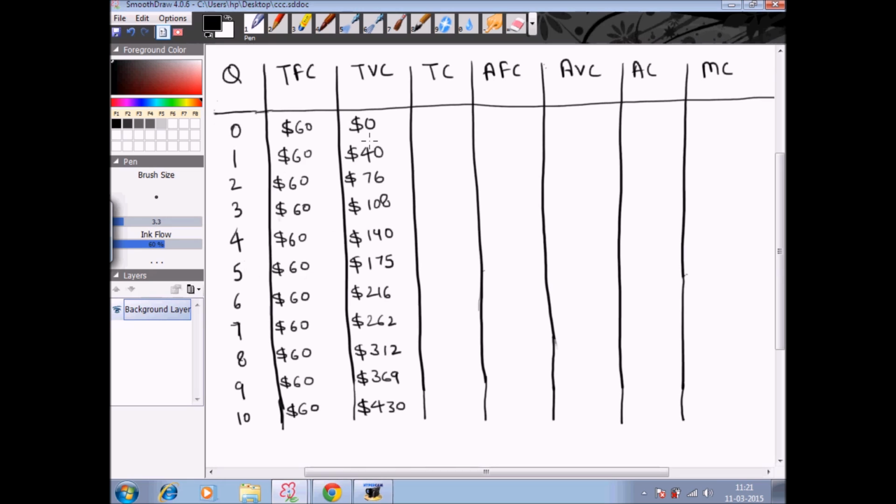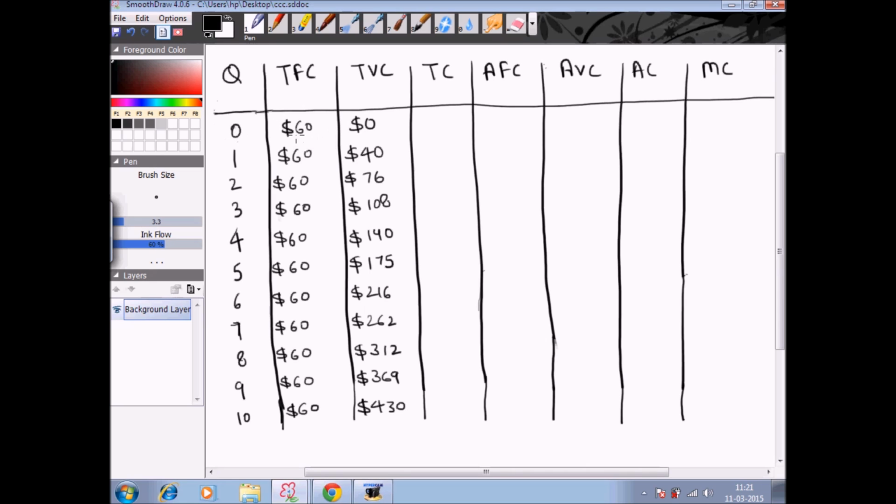Likewise, it keeps increasing as production increases. Now you must be wondering why the firm is bearing total fixed cost even at 0 units of production. See, even if there is no production in the organization, the firm has to bear the cost of land, the cost of building, and the cost of maintaining plant and machinery.